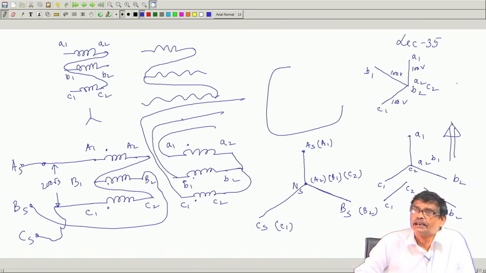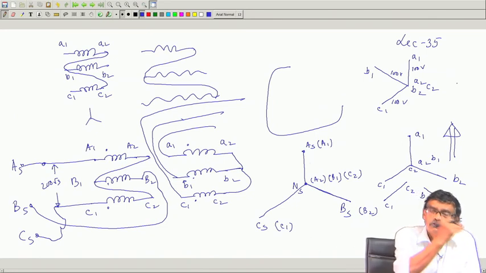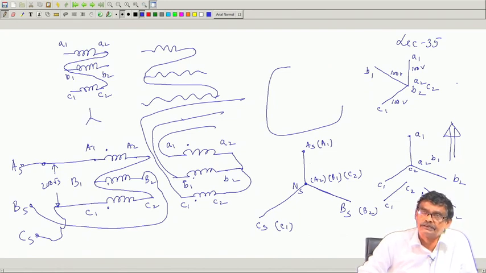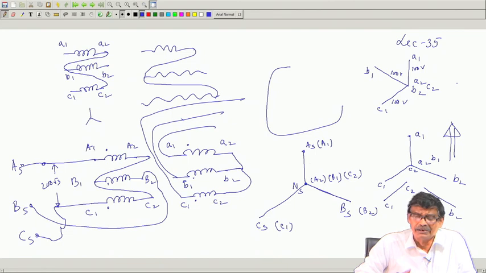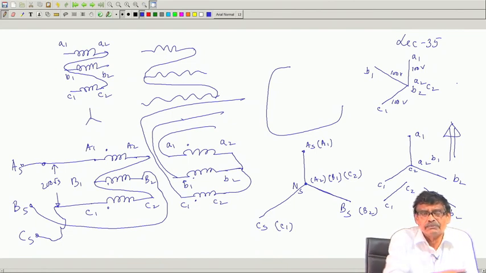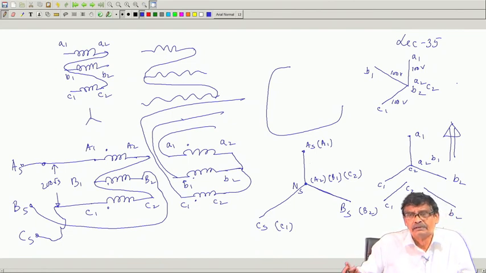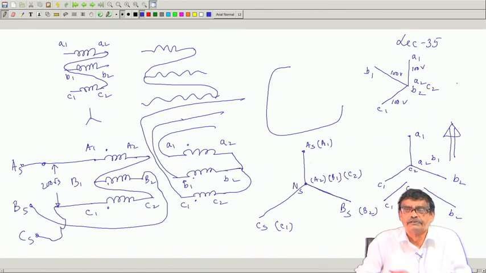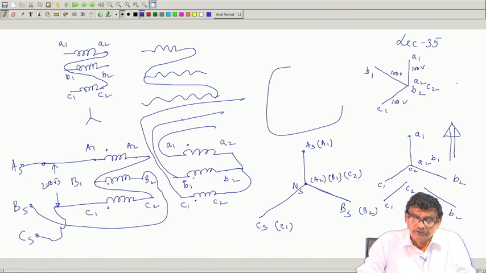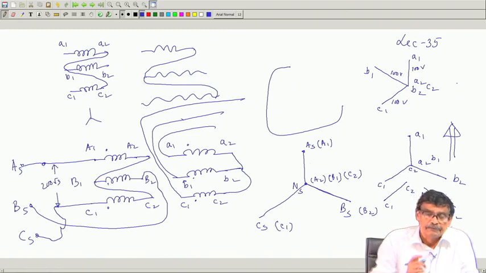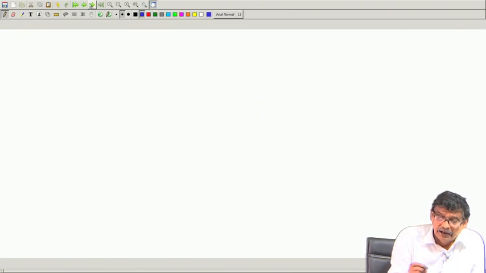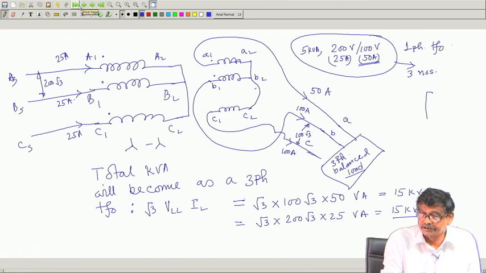You may not get a balanced 3-phase output voltage although you have connected a balanced 3-phase voltage there, and you can argue, oh, I have connected the primary in star, secondary in star, still I am not getting a balanced 3-phase voltage. It is simply because you have not followed the proper dot polarity. Anyway, so we have discussed star-star connection, the correct star-star connection here.